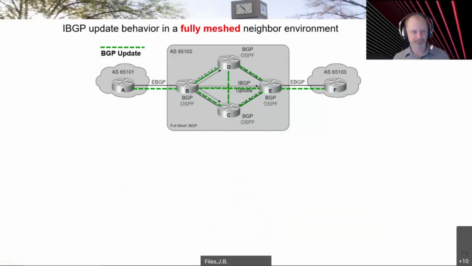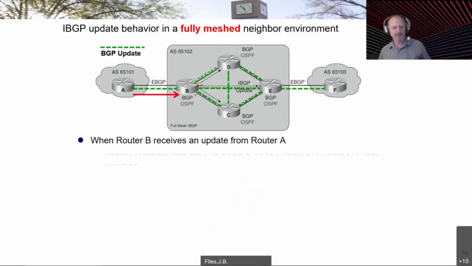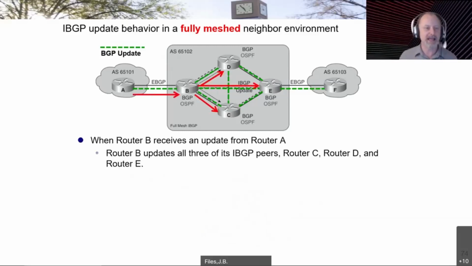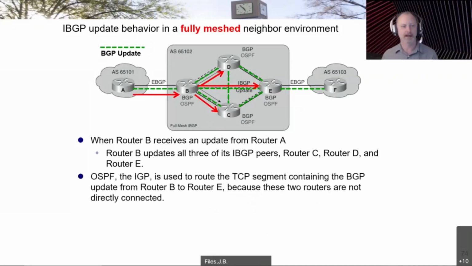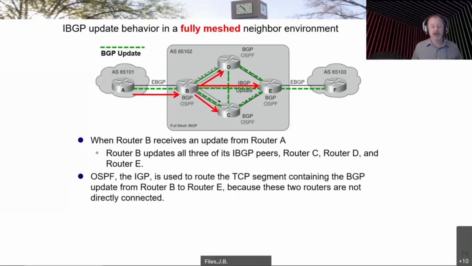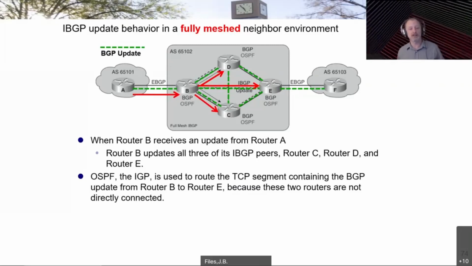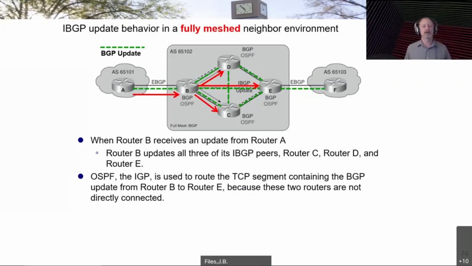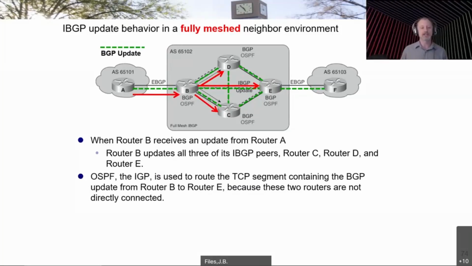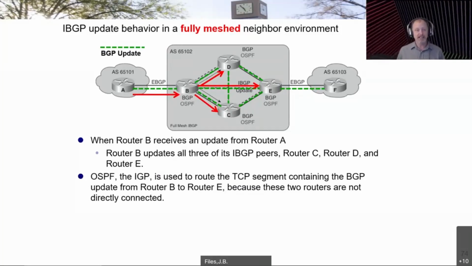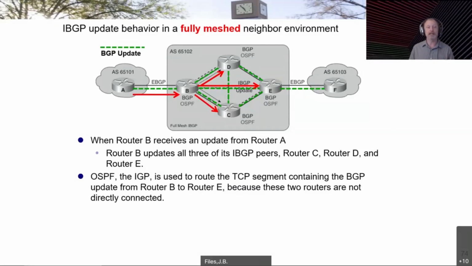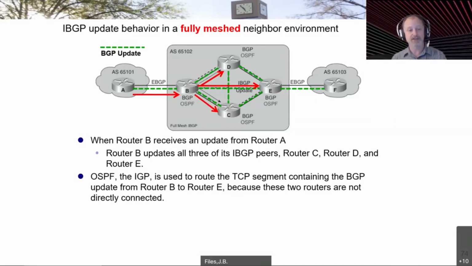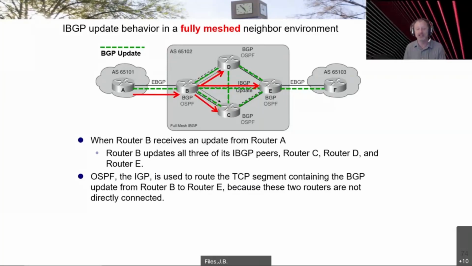Okay, so back to the scenario. B learns an update from A. B updates all of the iBGP peers, routers C, D, and E. The interior routing protocol, whether it be OSPF or EIGRP or whatever, is going to be used to route those TCP segments containing the BGP update from B to E, like I was just explaining, because those two routers are not actually directly connected.